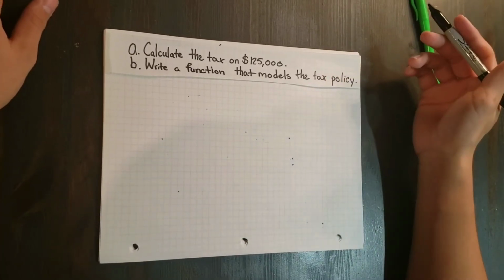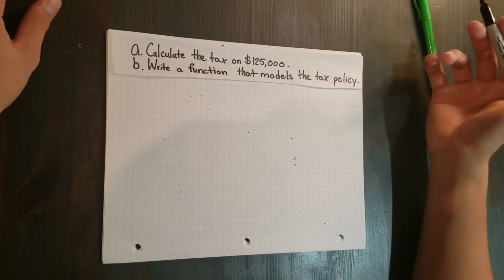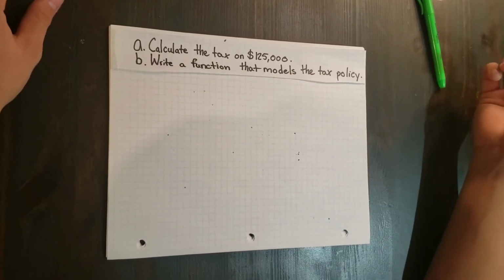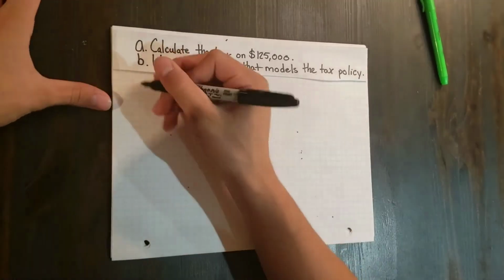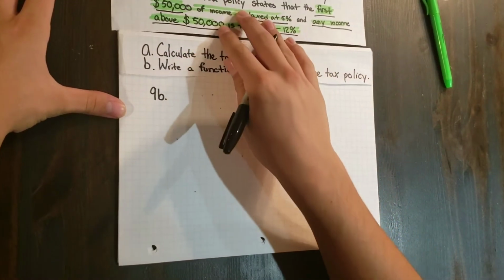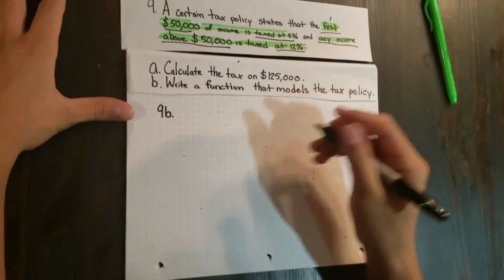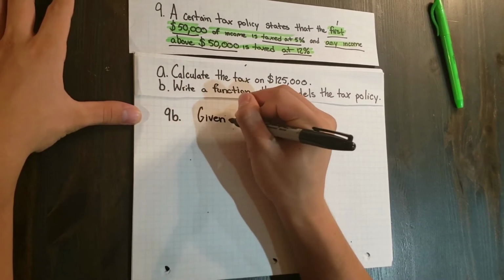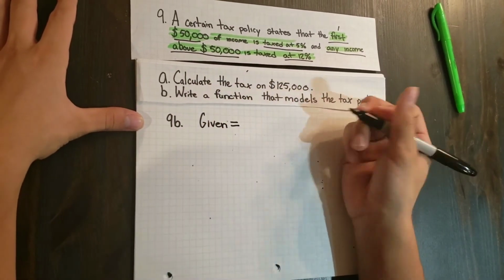Alright, for the sake of question 9, instead of starting with question A, we're going to start with question B to further understand what we're doing with piecewise functions. Going back to the question, seeing what we're given, we're going to write down what we need.